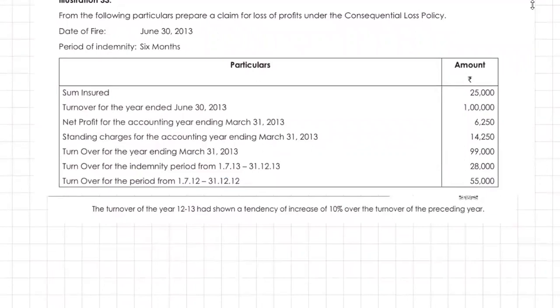Let's give a reading, then we'll start the reading.